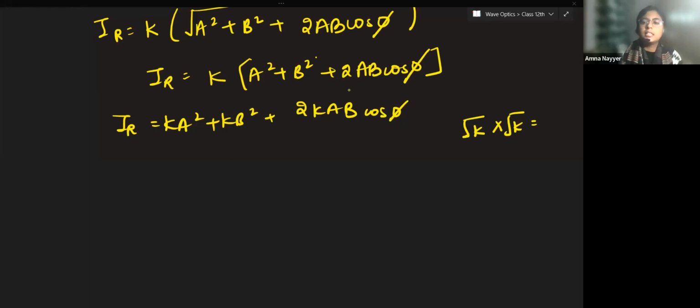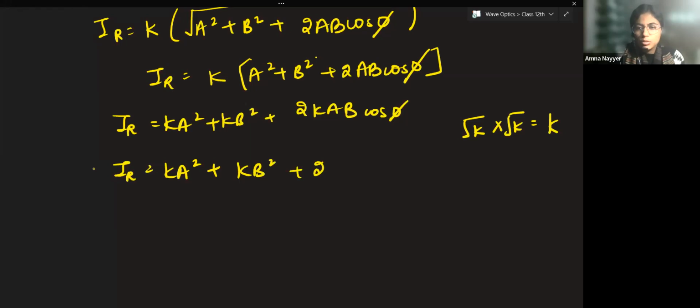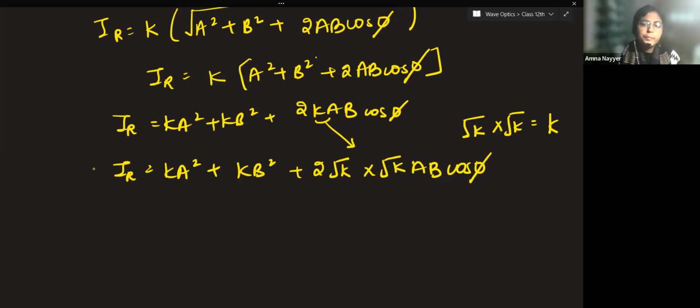Priya and Fahad, it is K. So it means I can replace this K also in the middle that I'm getting by root K into root K. See, this will be Ka square plus Kb square plus 2 root K into root K. Just this is the K part only which I'm writing. AB cos phi. Fine? Root K AB cos phi.